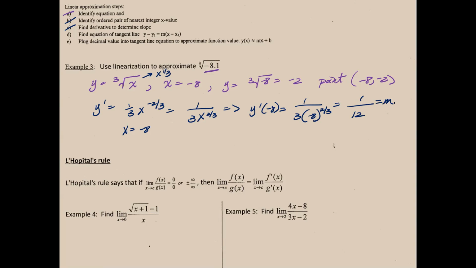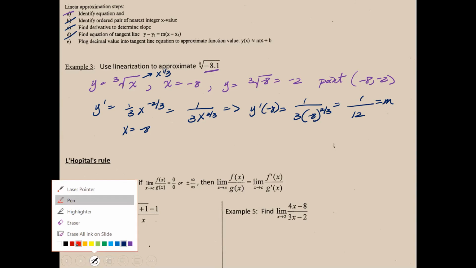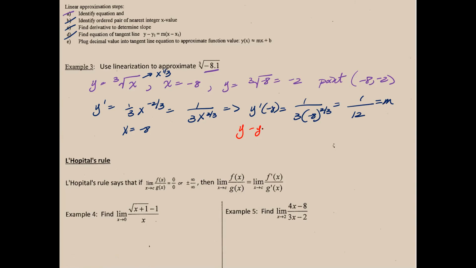And that's your slope. Find the equation. So your equation is going to be y minus y sub 1 equals m times x minus x sub 1. So y minus, remember your x is negative 8, y is negative 2. So y minus negative 2 is y plus 2 equals your slope, which is 1/12, times x minus negative 8.